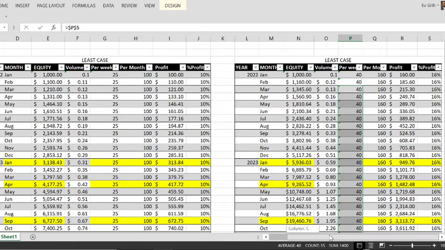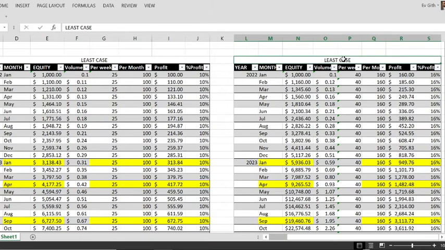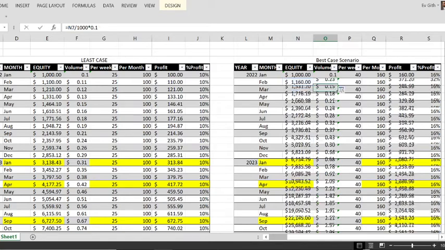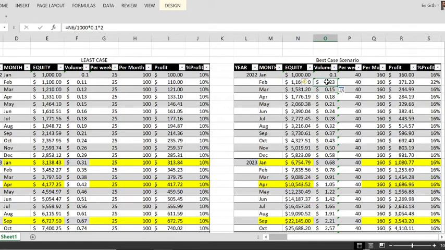That's the best case scenario, risking 6% per trade.